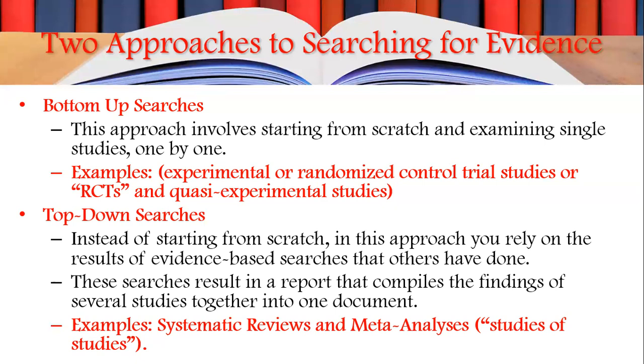We just never know, even though it is the responsibility of the researcher to tell us what their search process was, how they went about finding studies, and what keywords they used. There are some criteria that folks writing these systematic reviews and meta-analyses must follow. But again, we're putting a lot of trust in that person, and we just don't know whether they're leaving out certain studies that we need to take into consideration. That's really the disadvantage of top-down searches. But again, as I mentioned, there are some advantages as well.